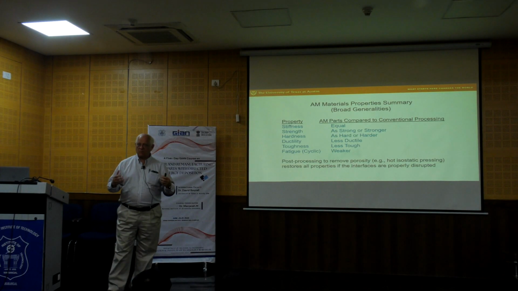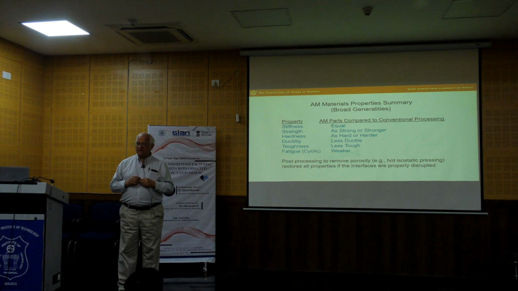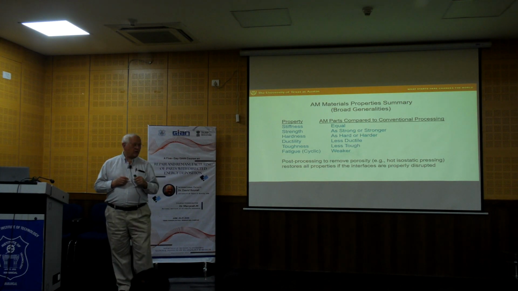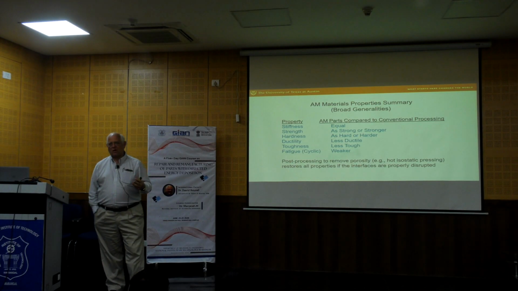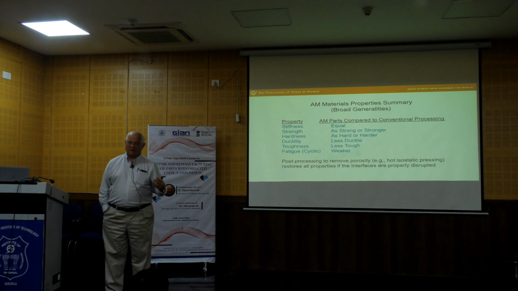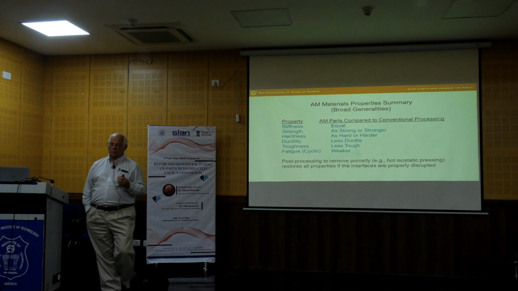And let's assume that these are high density parts, the stiffness is virtually identical. The strength and hardness go together, and the additive manufactured parts, at least coming out of the machine, are almost universally stronger than the traditionally manufactured counterpart.